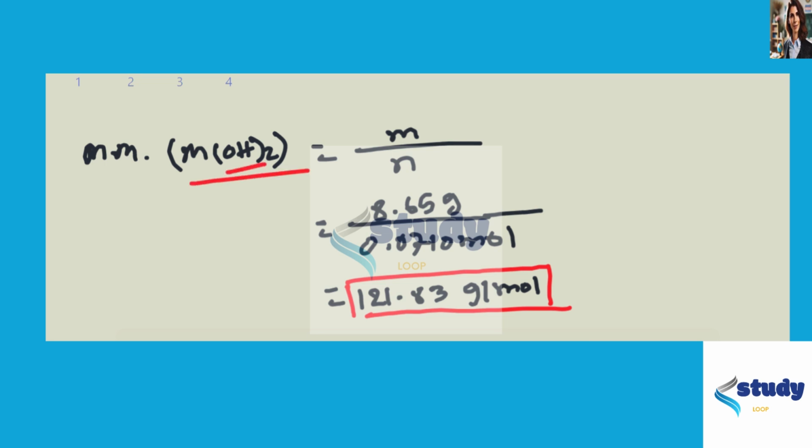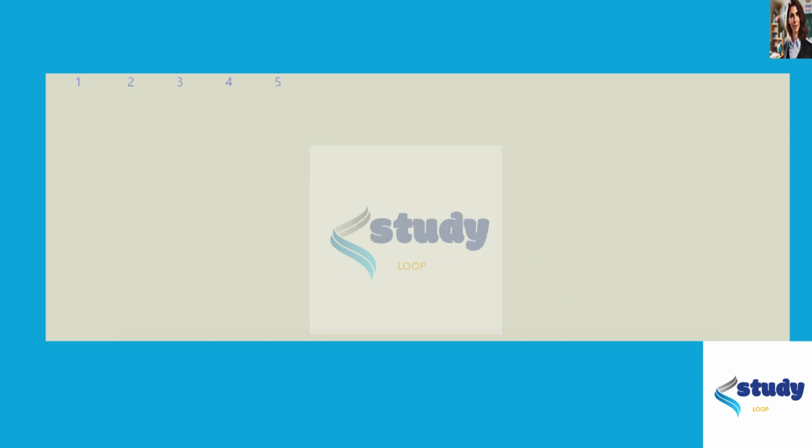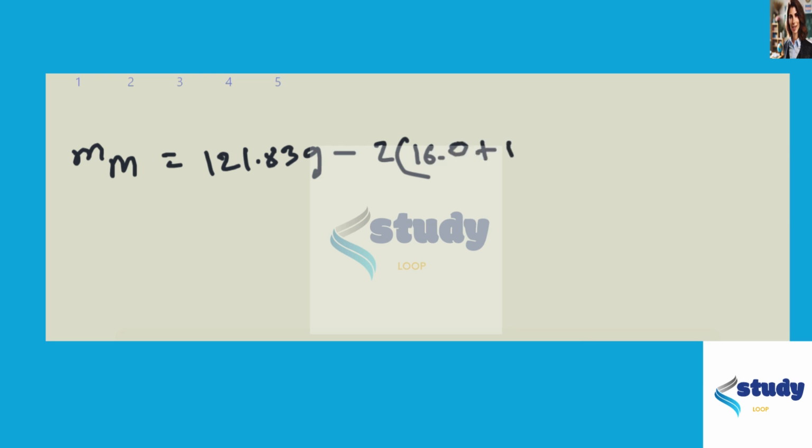Since in the metal hydroxide we have two oxygen and two hydrogen, or two OH groups, if we want to find the mass of the metal, we have to subtract 2 times 16 for oxygen and 1.008 for hydrogen from 121.83, and this will give us a value of 87.8 gram.